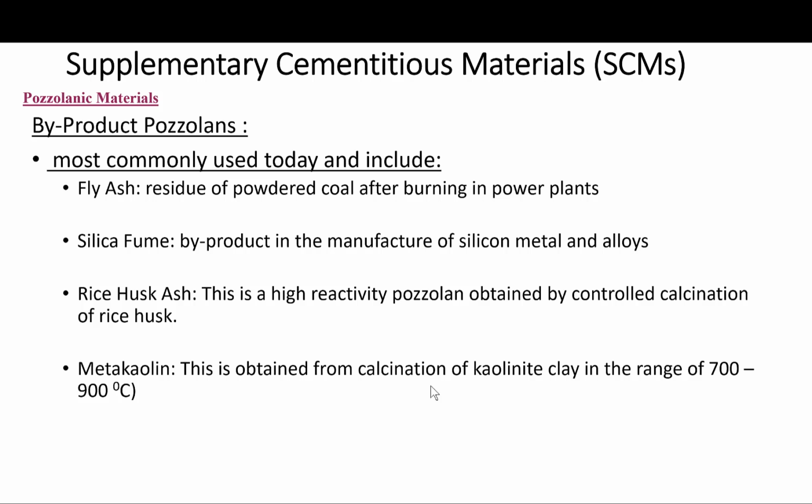And we have also the rice husk ash. This is a high reactivity pozzolan obtained by controlled calcination of rice husk. The last one is the metakaolin. This is obtained from the calcination of kaolinite clay in the range of 700 to 900 degrees Celsius.